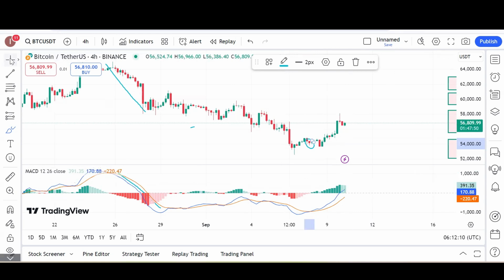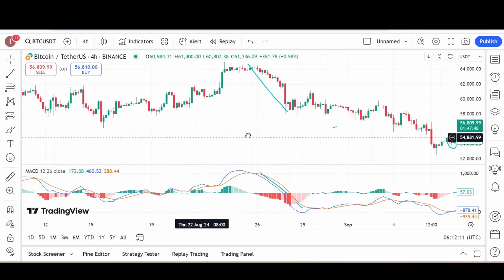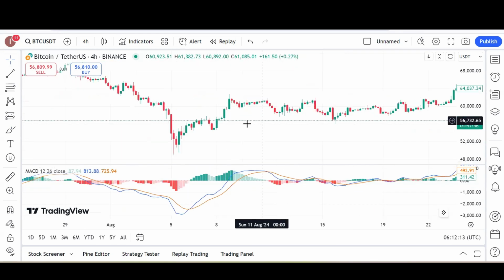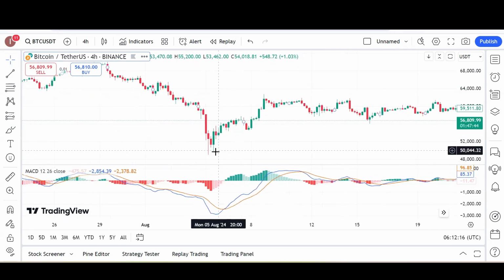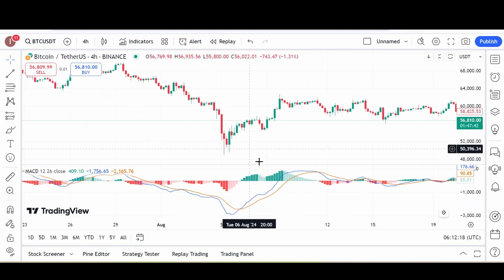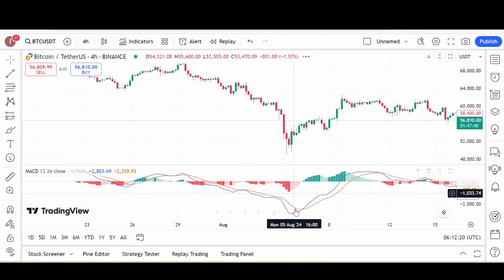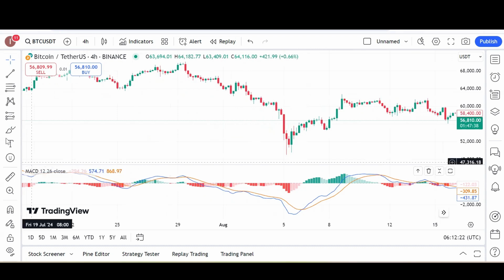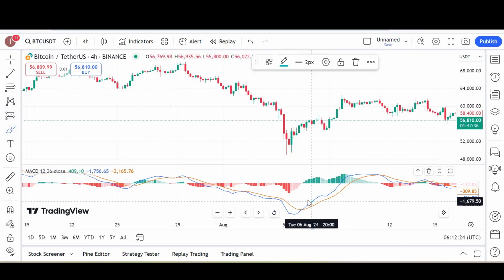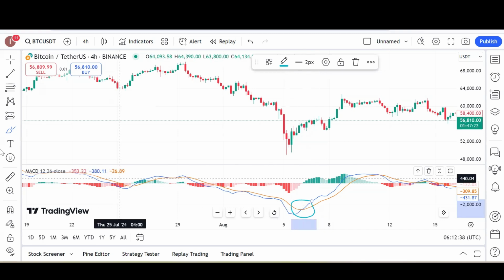Okay, and we get another example. As you can see here, the blue line crosses the orange line. The blue line indicates the MACD line and the orange line indicates the signal line. When the MACD line crosses the signal line, this is your buying signal.